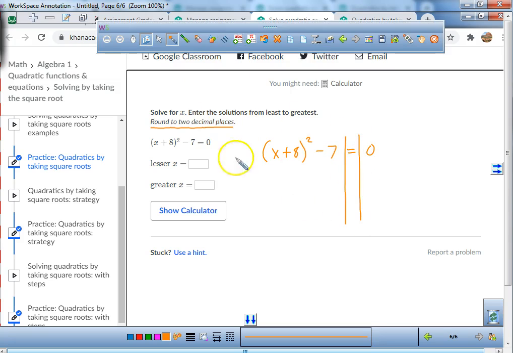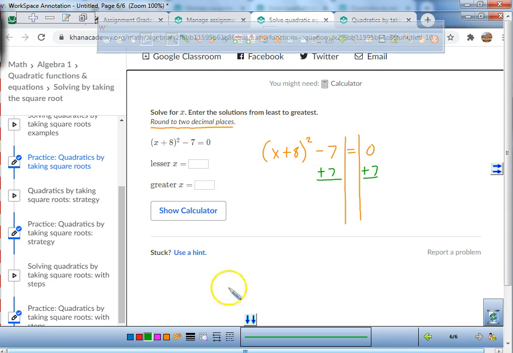Step number 1. What I'd like you to do is add 7 to both sides. When you add 7 to both sides, you're left with x plus 8 being squared equals a positive 7.